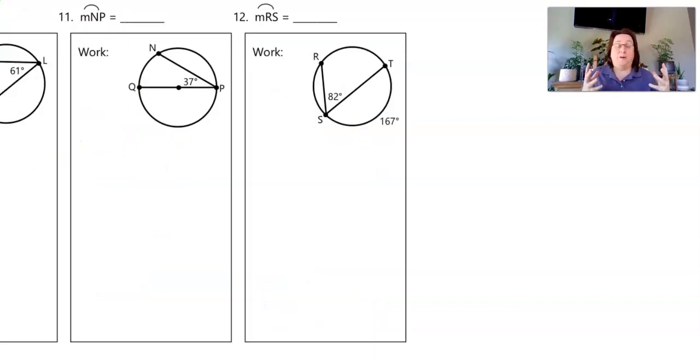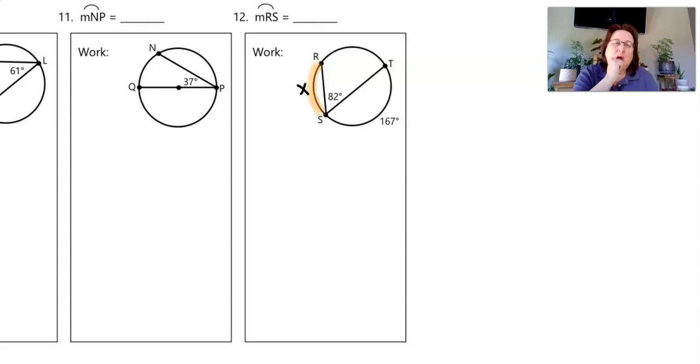On this one, all it's asking us to do is find the measurement of arc RS. I'm going to highlight that, and that is our unknown variable. RS, right here. So I'm going to say that's my X. That's what I need to find. Let's look at what we have. We have an angle measure of 82 degrees. We have an arc measure of 167 degrees.